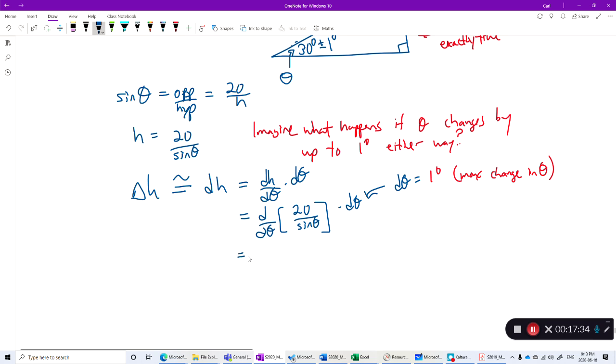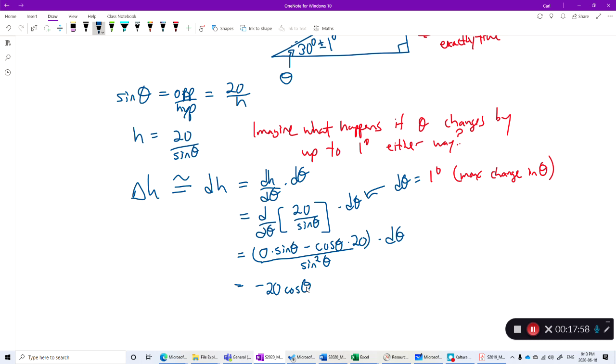So how do we differentiate this? It's the derivative of the top times the bottom minus the derivative of the bottom times the top, over the bottom squared, times d theta. So what do I get? 0 minus 20 cosine theta over sine squared theta times d theta.